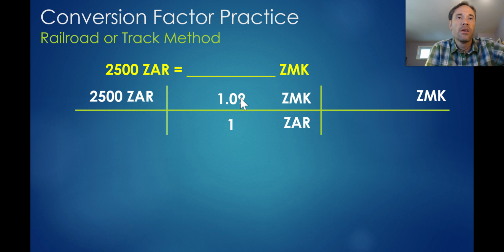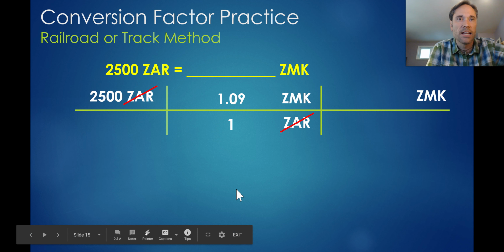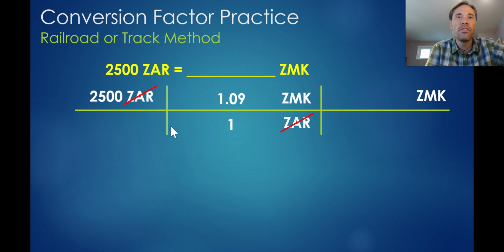So how do we do this? Well, the first thing we can do is cancel the South African Rand, because one's on the top and one's on the bottom. I'm not going to do anything with the numbers, just cancel the words or the units. I'm going to treat them like a thing. Then this is a fraction that is all joined together, so I'm going to multiply across the top, multiply across the bottom, and then divide if I need to.